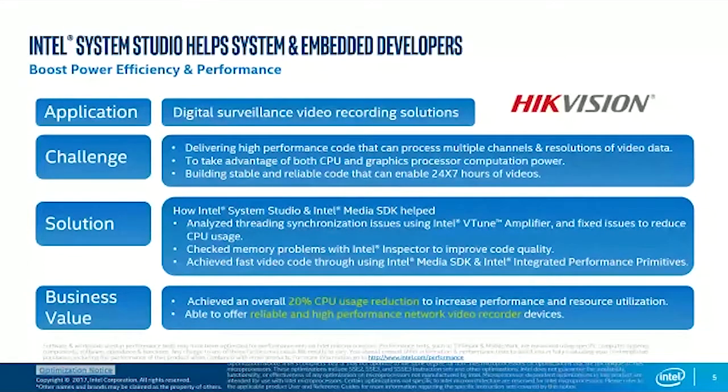So what kind of business value did HiK Vision achieve as a result? Overall, about 20% CPU usage reduction was achieved, and improved performance and resource utilization. Second, they were able to offer reliable and high-performance network video recorder devices.